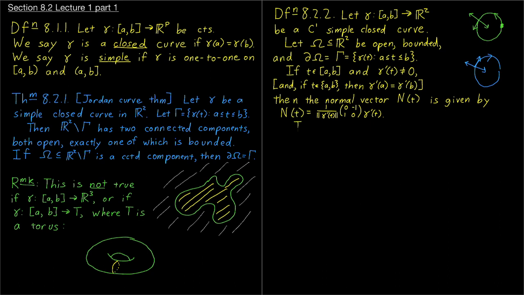And then we say that if the normal vector points into omega, then we say gamma is positively oriented. What do we mean by points into omega?